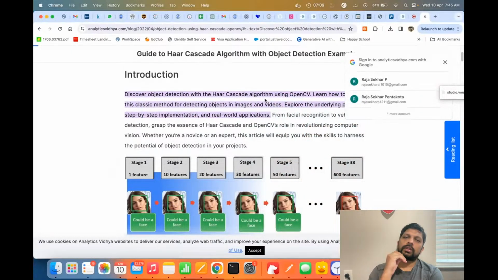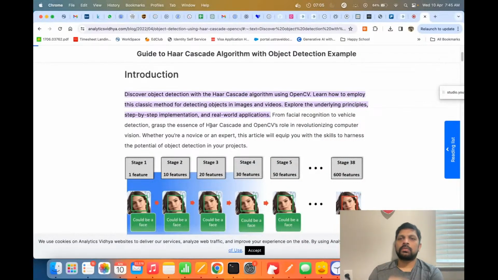Discover object relation with the Haar cascade algorithm using OpenCV. Learn how to apply this concept.